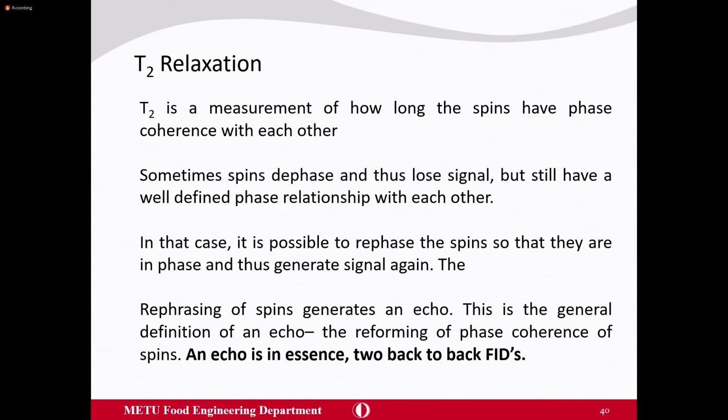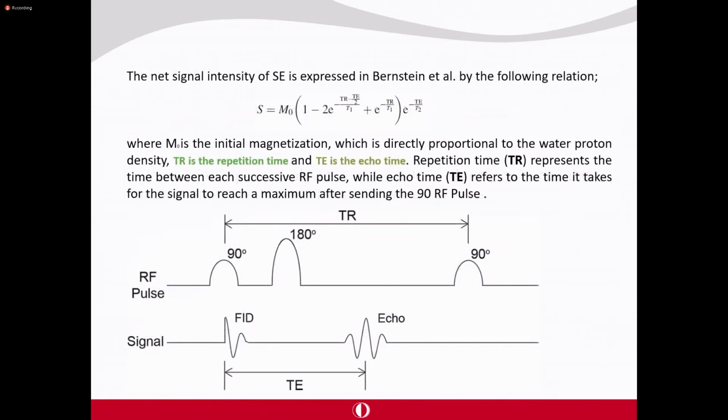Rephasing of the spins usually generates an echo, and that is what we usually use in the measurement of T2. The 180 is a refocusing pulse, which helps to bring the dephased spins in phase, and then we generate an echo.